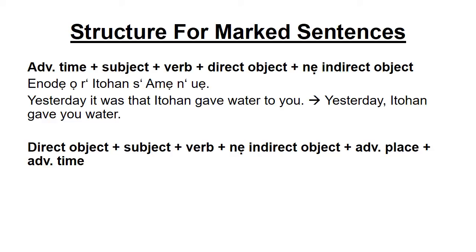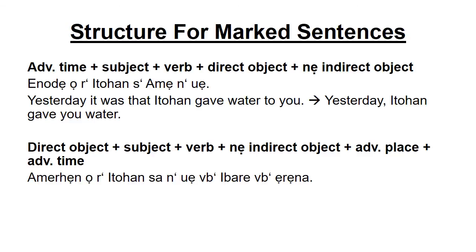Or if we take the direct object forward, we place it in the front, we'll have a structure like this. Amere. Ame, as you saw in the first sentence, is water. But ameren is hot water. And instead of contracting it here, because it's one word, the e in ame falls off, and it takes the a in eren, which is fire.